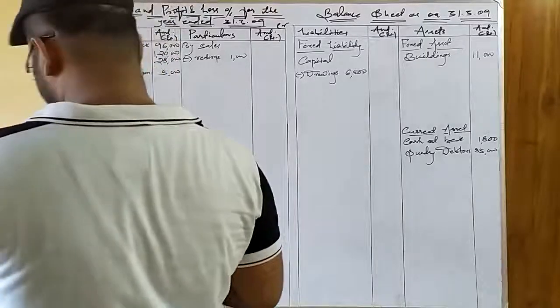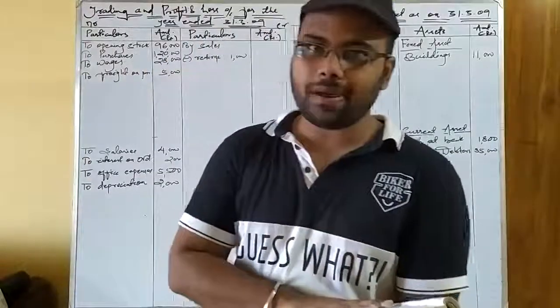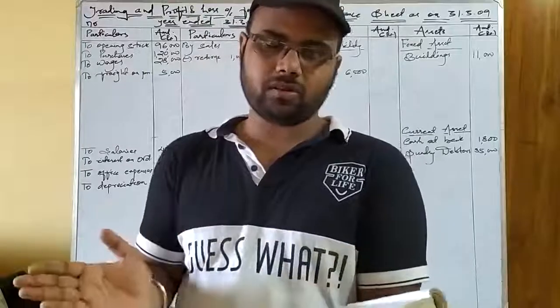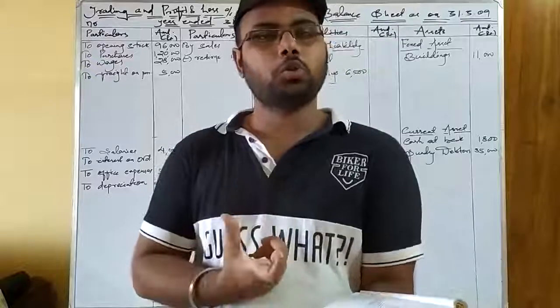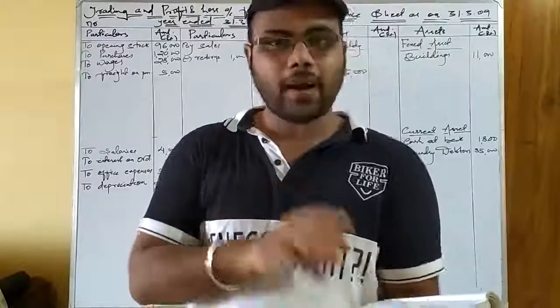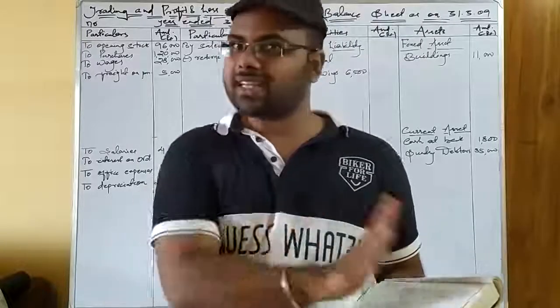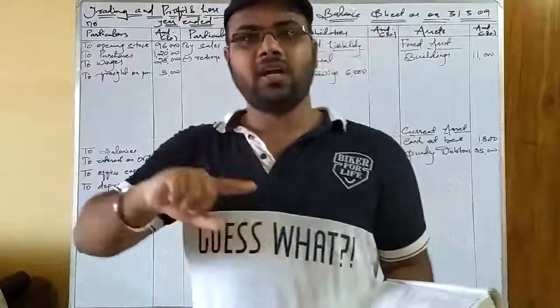Next item is rent. See, rent is definitely an expense because it is given in the debit balance part. So according to the nominal account balances, debit means expenses and losses, credit means income and gains. So definitely rent is an expense. Now the question arises, should it be taken as direct expense or indirect expense. In the absence of any information, I have told you that any sort of expenses other than carriages to be taken as indirect expense.